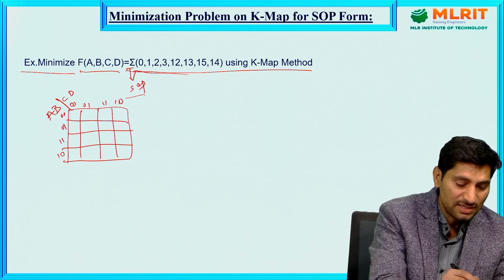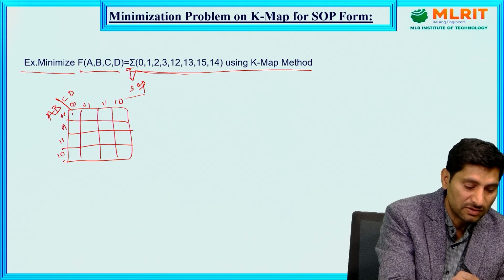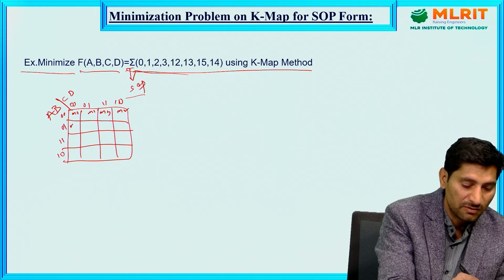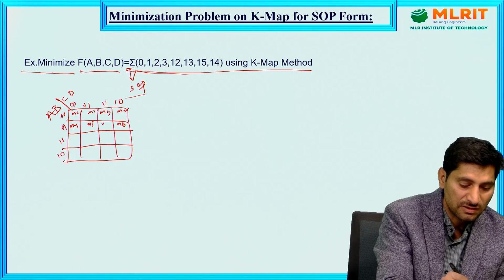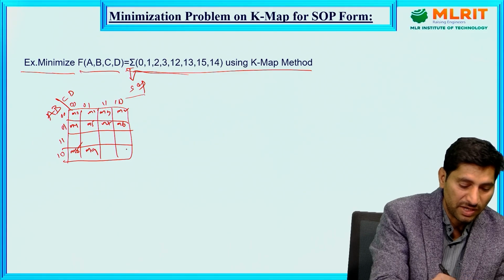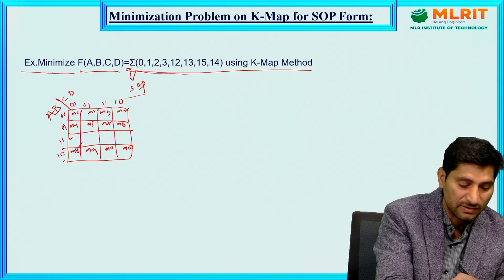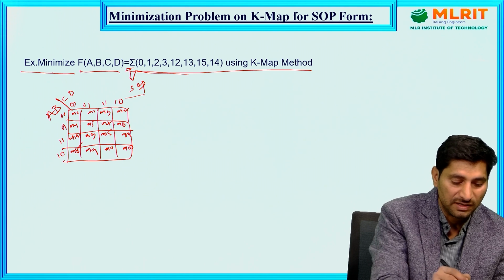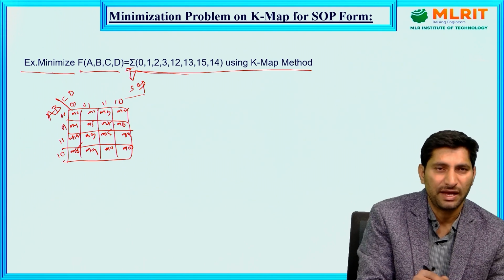Let us write the terms: this is M0, M1, M2, M3, M4, M5, M6, M7, and this is M8, M9, M10, M11, next M12, M13, M14, M15. These are the cells representation in K-map.